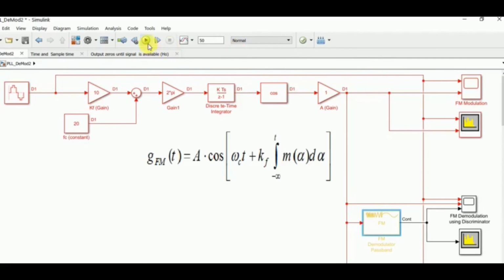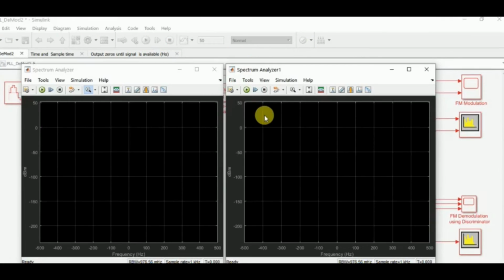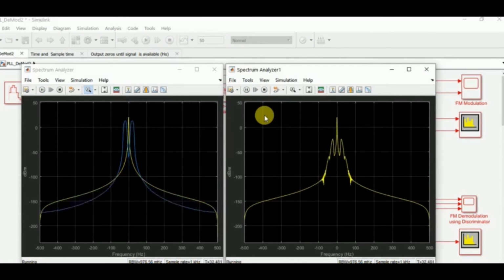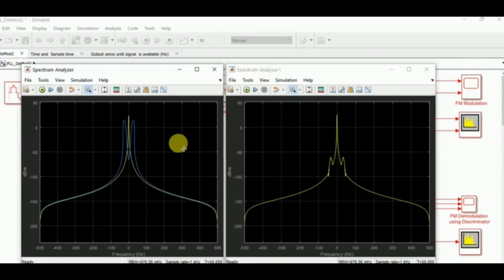So let us run this experiment. We originally had the baseband signal and the passband signal. After demodulation, we will get back our original baseband signal, which is centered at 0 frequency.